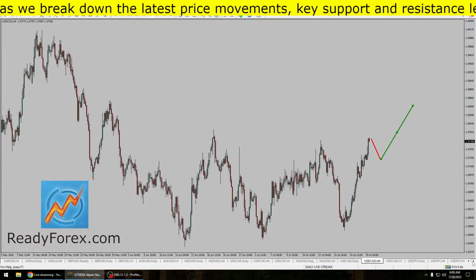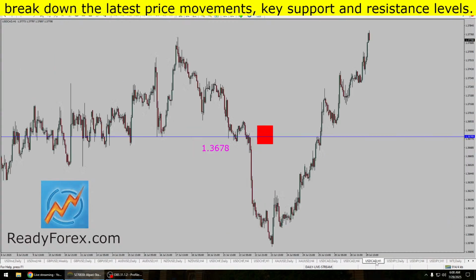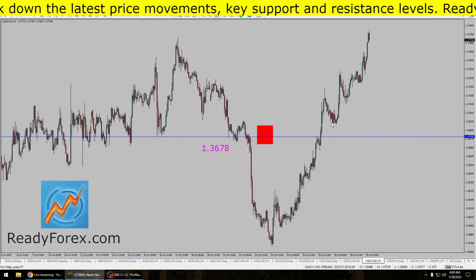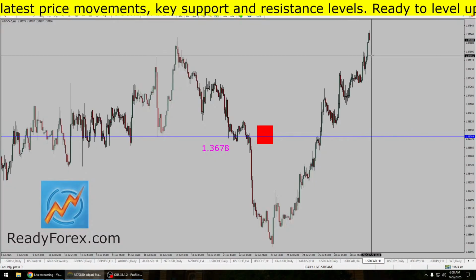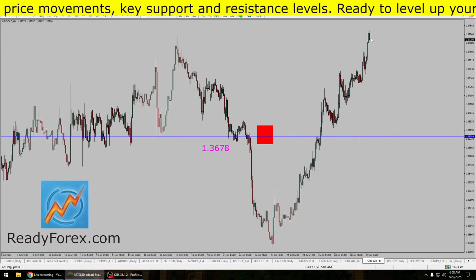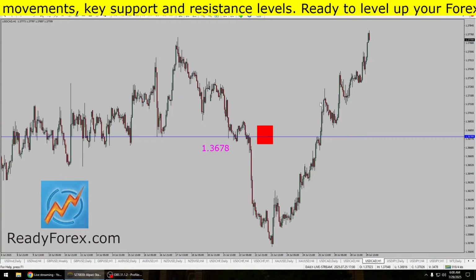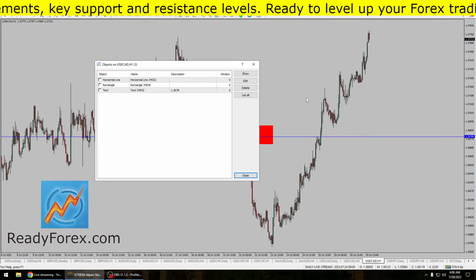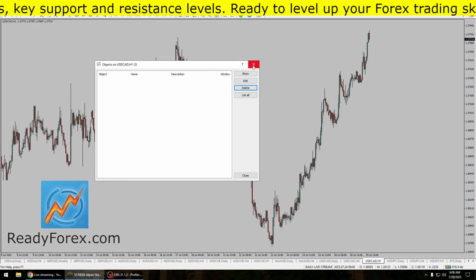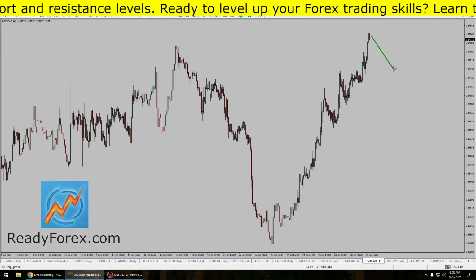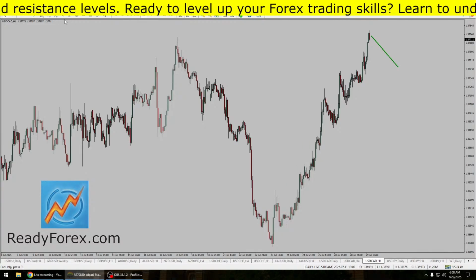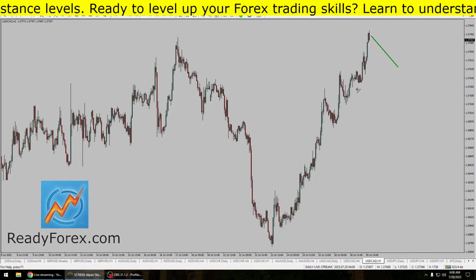Okay, next one, let us take a look at USD CAD 1 hour. So same story, price action just keeps printing higher swing highs and higher swing lows. It's not a good idea to look for a sell over here. A good idea is to wait for a pullback and then try to join an uptrend. Okay, so wait for the market to show you some kind of a pullback over here.